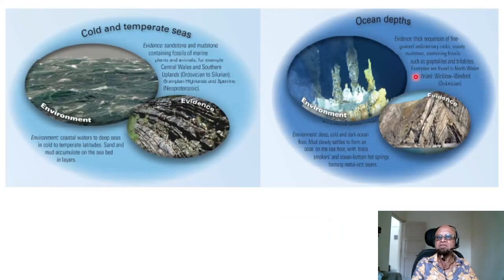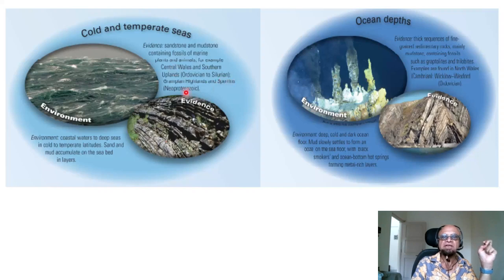Cold and temperate seas and ocean depths. The environment looks like this: coastal waters to deep seas in cold to temperate latitudes. Sand and mud accumulate on the seabed in layers, and if you go to the Mediterranean, in fact, there is a mountain of salt from 6 million years ago. That's called the Messinian period. The evidence comes in sandstones and mudstones, again containing fossils of marine plants and animals.